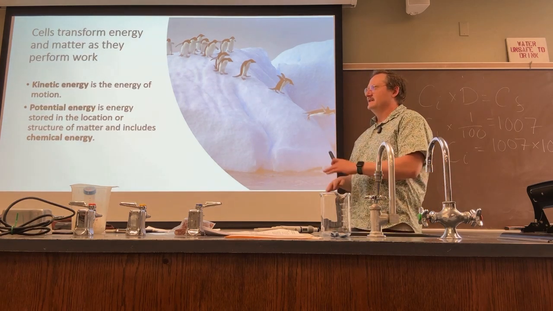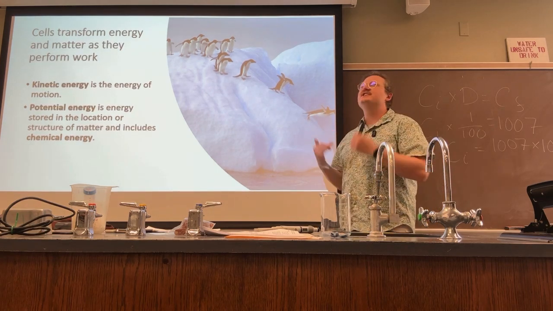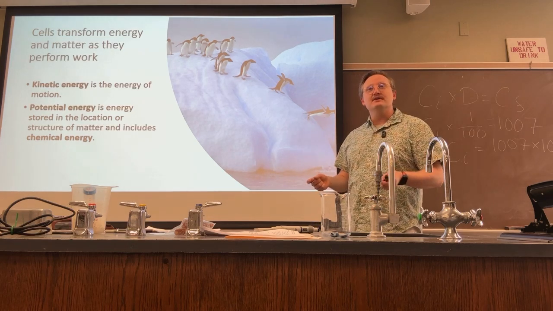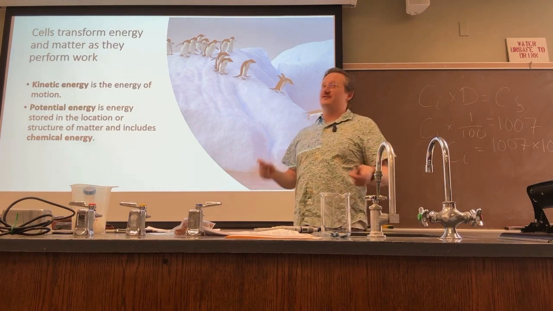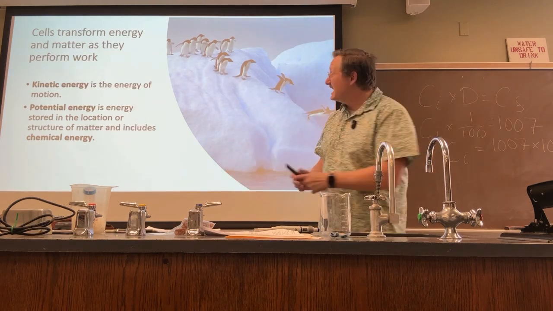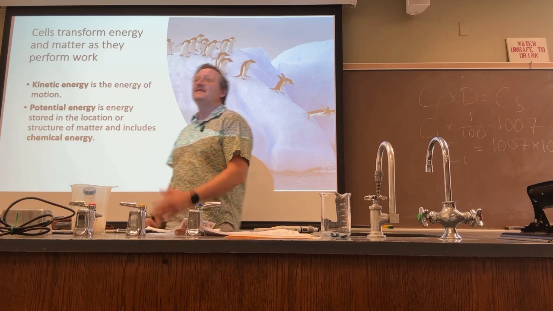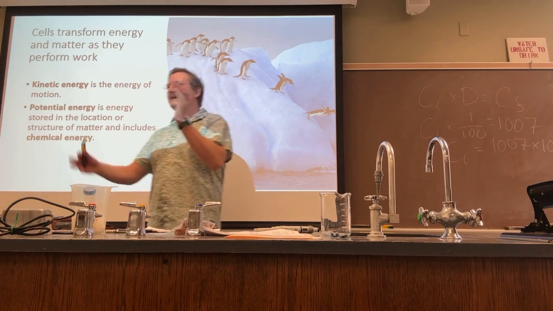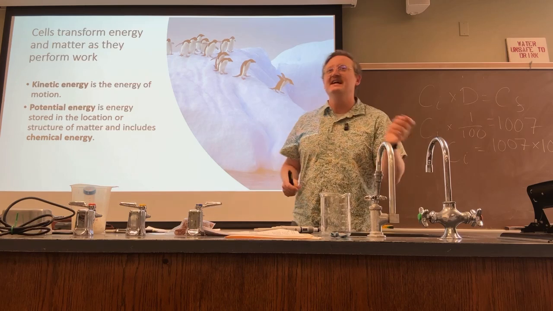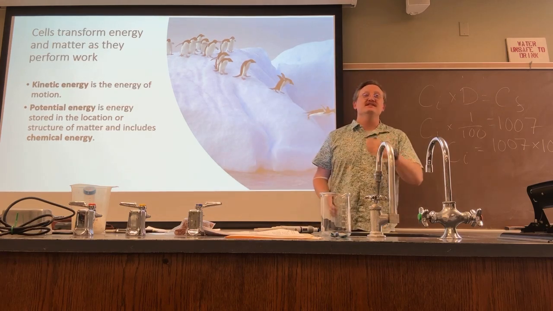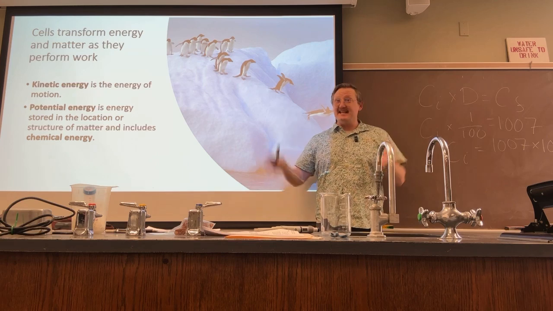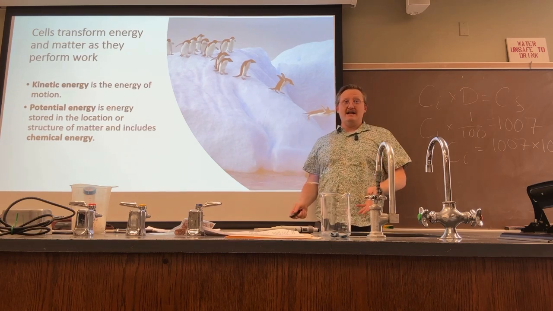So you can have the position of atoms within a large molecule and the position of electrons within atoms. That can also be a type of potential energy that can be harvested. So energy just keeps getting switched between different forms. And every time energy changes forms, some of the energy gets lost as heat. All right?